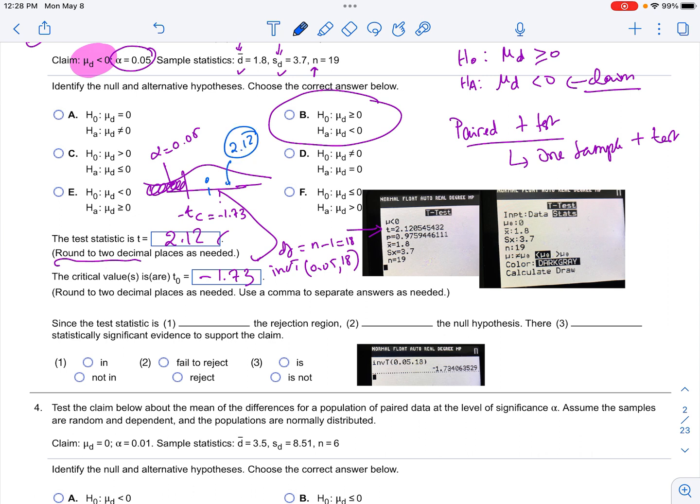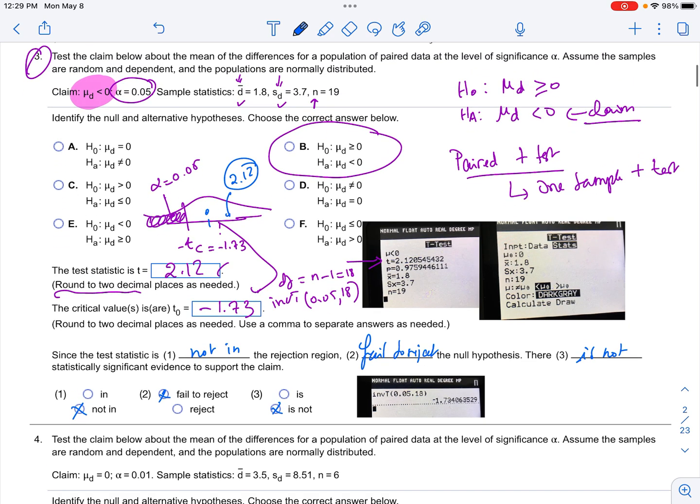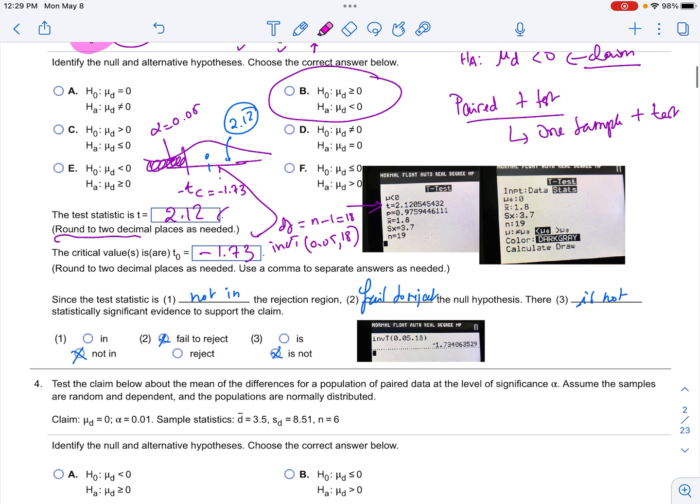Since your test statistic is not in the rejection region, we are going to fail to reject the null hypothesis, and we conclude that there is not enough evidence to support the claim. That's number 3. As simple as that. A paired t-test is the same as a one sample t-test.